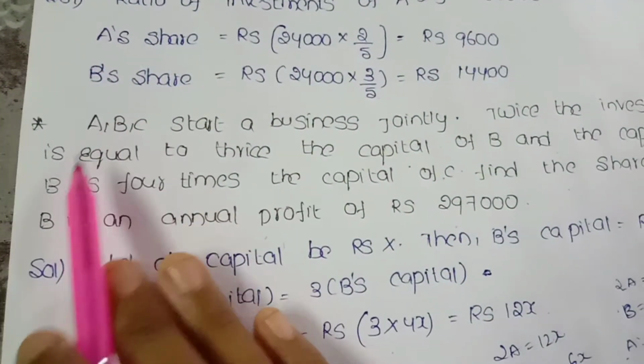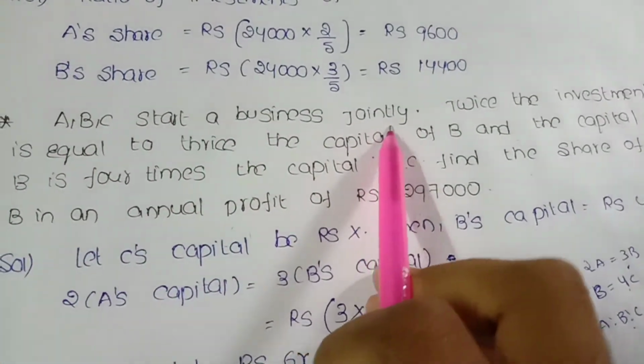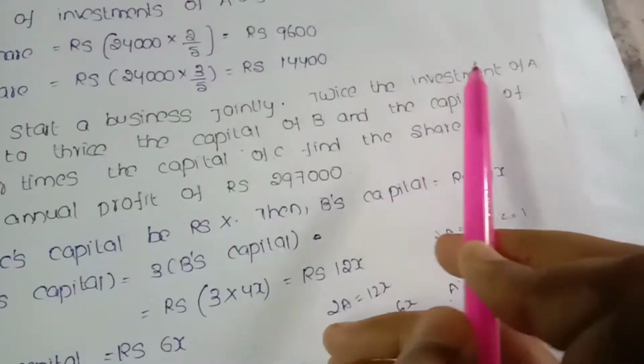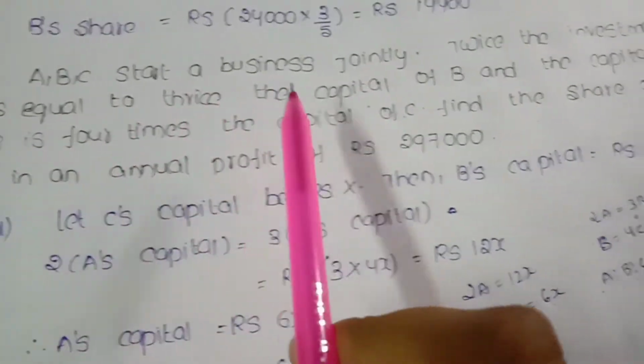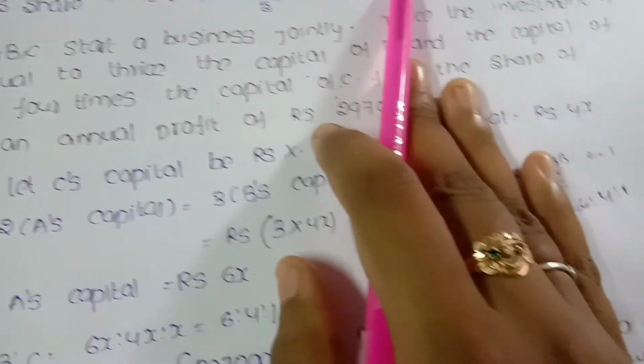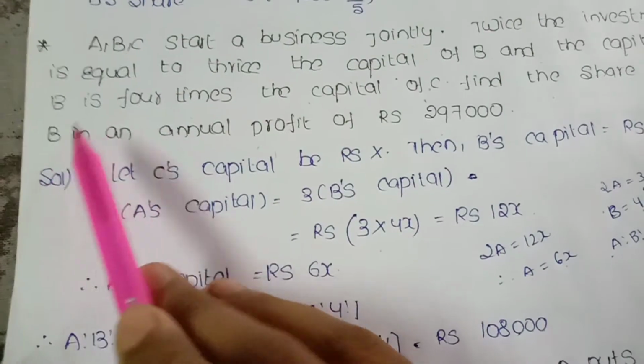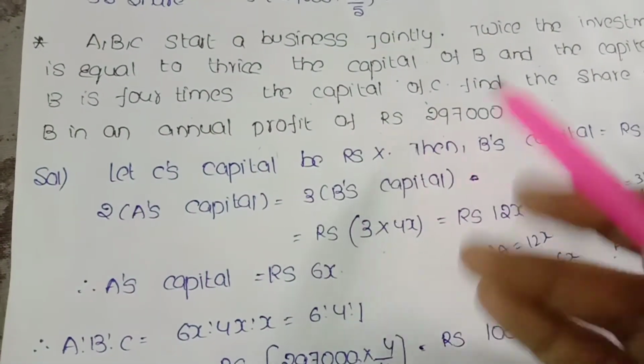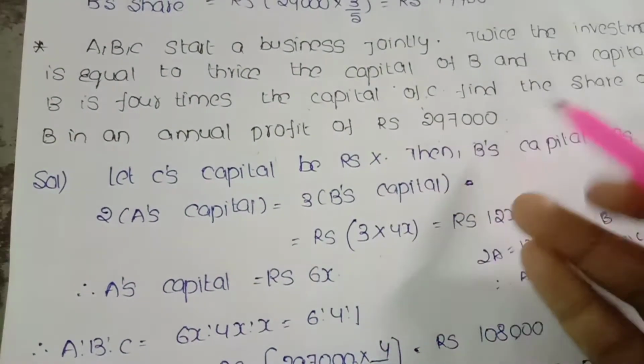The next example: A, B, C start a business jointly. Twice the investment of A is equal to thrice the capital of B, and the capital of B is 4 times the capital of C. Find the share of B in an annual profit of Rs 2,97,000.